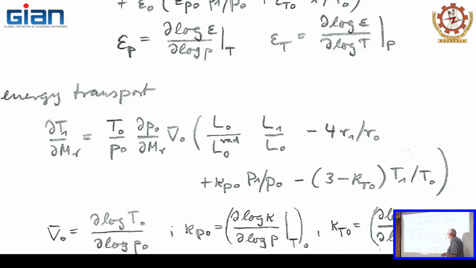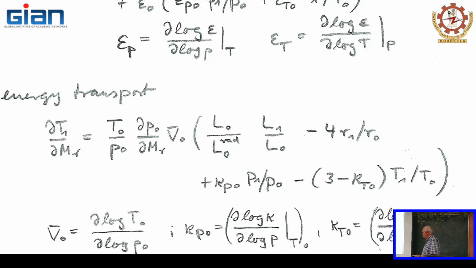this bracket some of the quantities referring to the hydrostatic model, which is essentially the pressure gradient, temperature and pressure, and the nabla zero, which is the d log T by d log P for the stellar model, for the hydrostatic model we have determined.